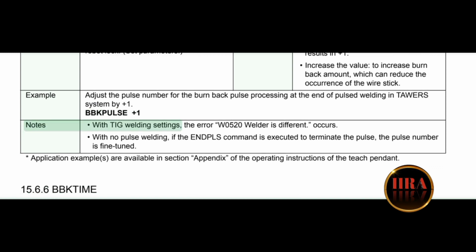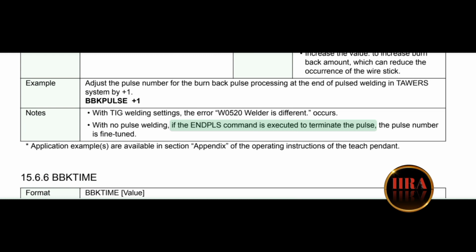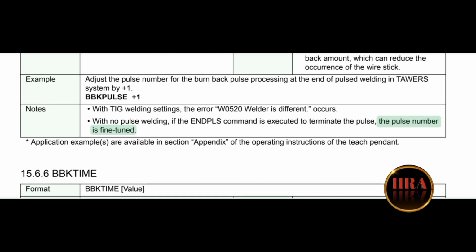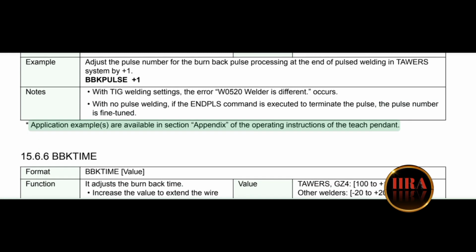Notes: with TIG welding settings, the error W0520 "welder is different" occurs. With no pulse welding, if the ENDPLS command is executed to terminate, the pulse number is fine-tuned. Application examples are available in the appendix section of the operating instructions of the teach pendant.